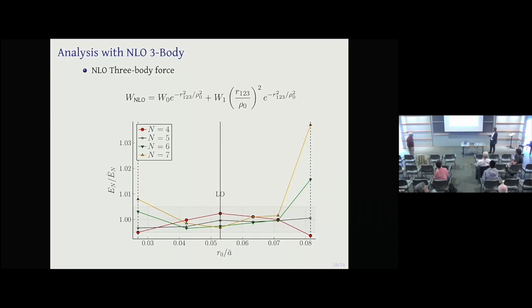Then the extra freedom I used to try to put my spectrum inside this small band. So I changed the parameters. You can imagine that you have three parameters: the two strengths and the range of the three-body force.